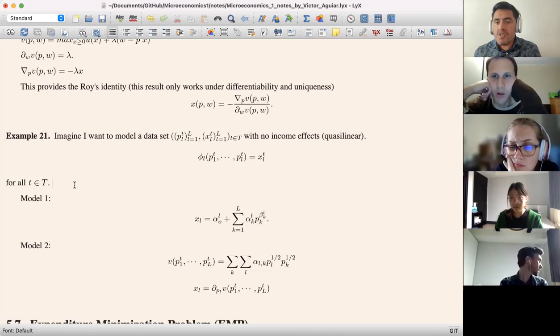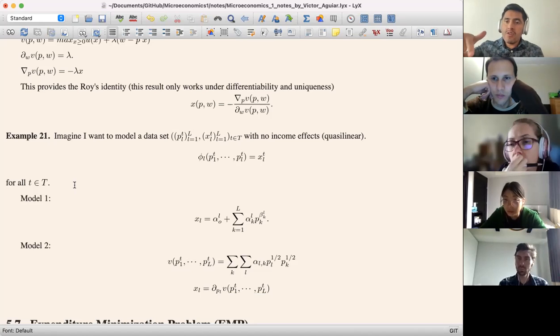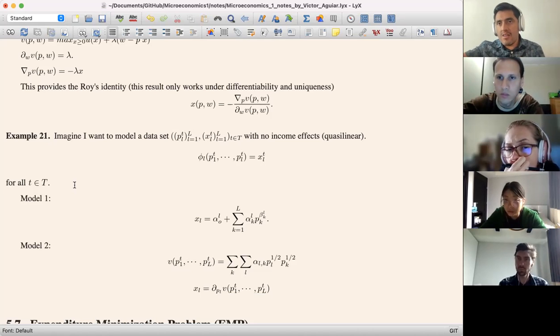So what people do in practice is write down the indirect utility in terms of prices and income, satisfying the properties I described. That's a guarantee that there is an underlying direct utility that, if you maximize subject to the budget, will give you that indirect utility.